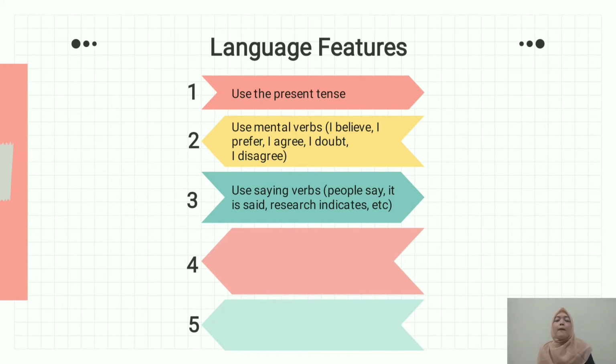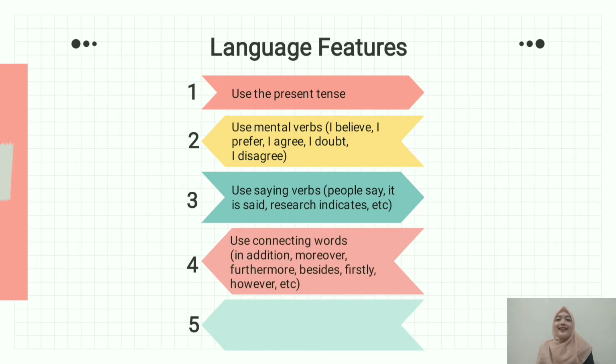Nah, ini juga kalau mau memberikan information tambahan dari research. Next, use connecting words. For example, in addition, moreover, furthermore, besides, firstly, however. Nah, kalau misalnya in addition itu maksudnya adalah ditambah lagi, seperti itu.